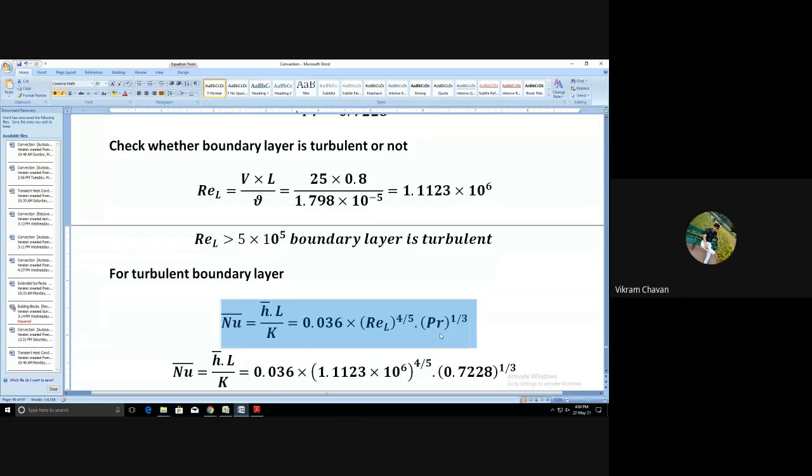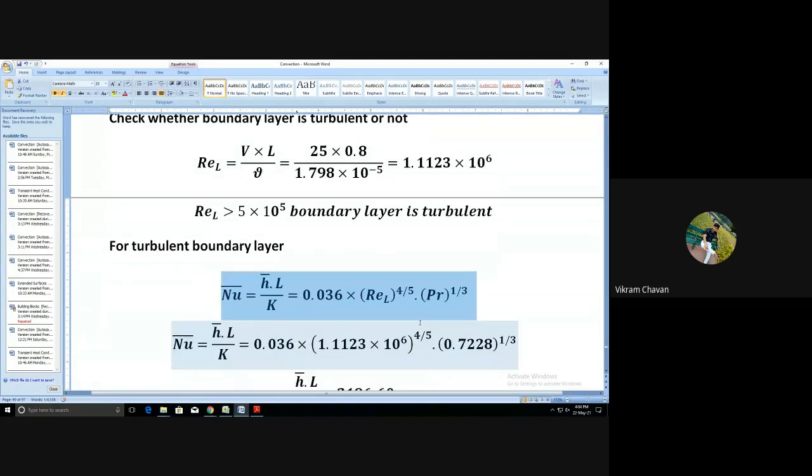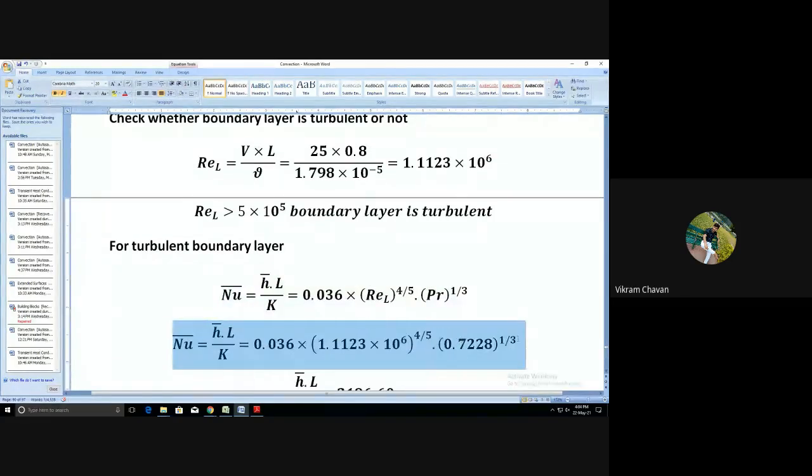So the average Nusselt number is equal to h bar L divided by K, equal to 0.036 multiplied by the Reynolds number value, which we have already calculated. Just put that Reynolds number value in that location, and the Prandtl number value we are getting from the property table directly. So put that particular Prandtl number value and determine the value of h bar.